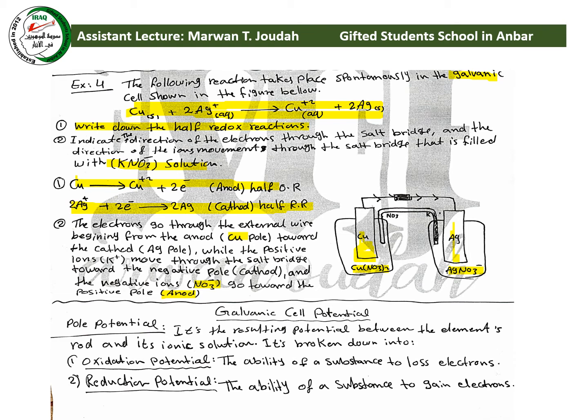It is broken into two types: the oxidation potential, the first one, and the reduction potential. The oxidation potential is the ability of a solution to lose electrons, which is obvious as we mentioned before. Losing electrons is oxidizing, and gaining electrons is reducing, or reduction.